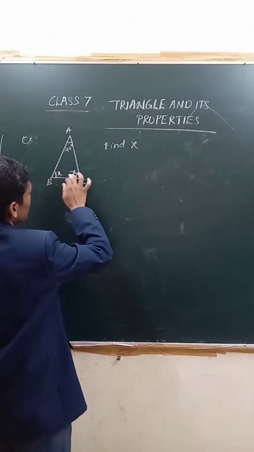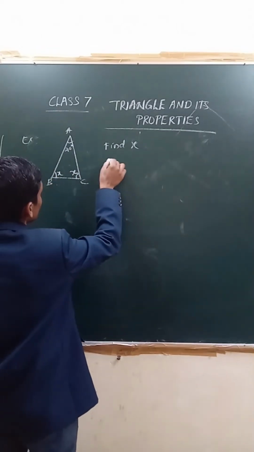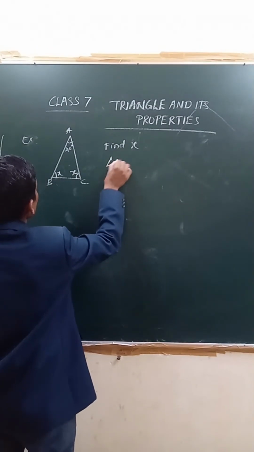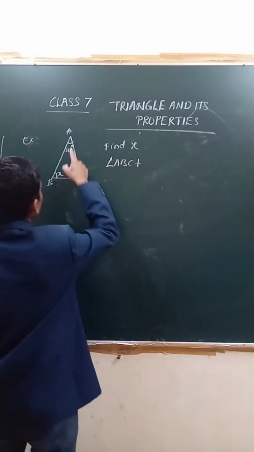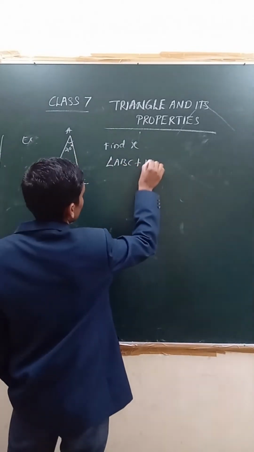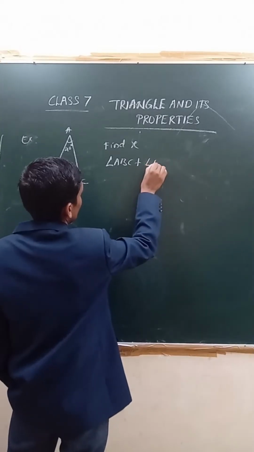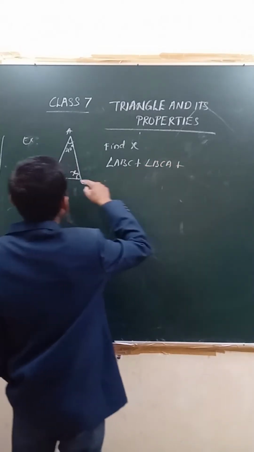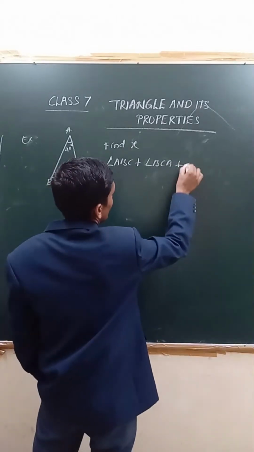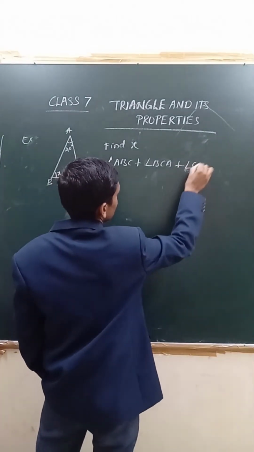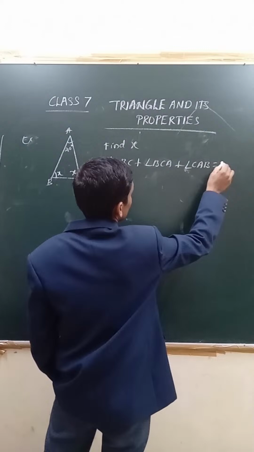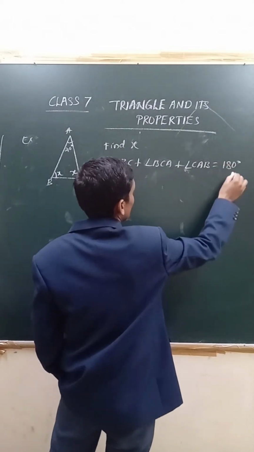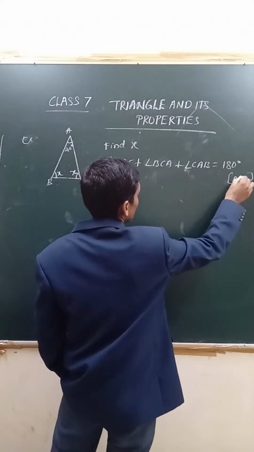Okay, here you have to add only that much. Angle ABC plus angle BCA plus angle CAB, if you take, will be equal to 180 degree. You have to write the reason, angle sum property.